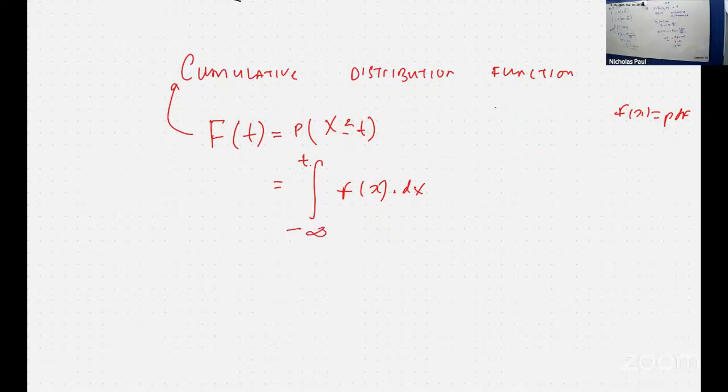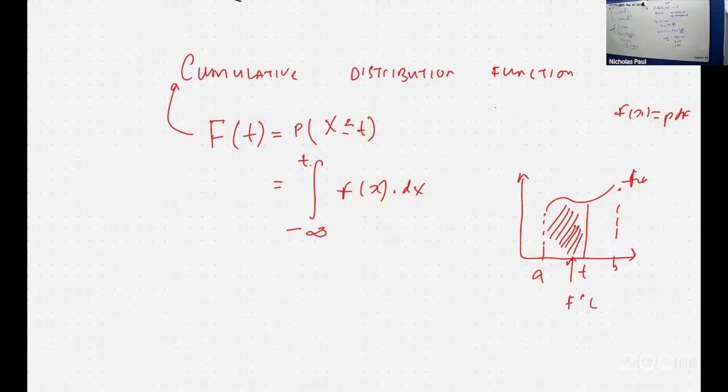If I had to do it on a little graph for you, this is your f wherever f of x would have been. Let's say this value is a. Let's say this value is b. Then F of t would be this shaded region. Notice I have to keep using uppercase F in order to identify that I'm using the cumulative distribution function.